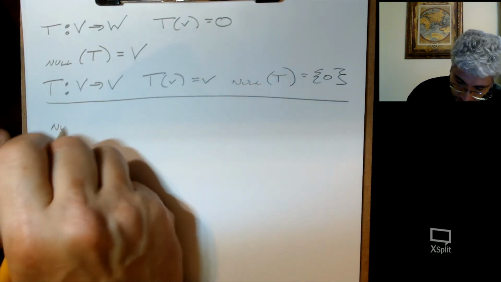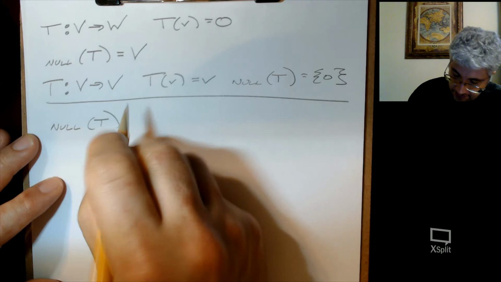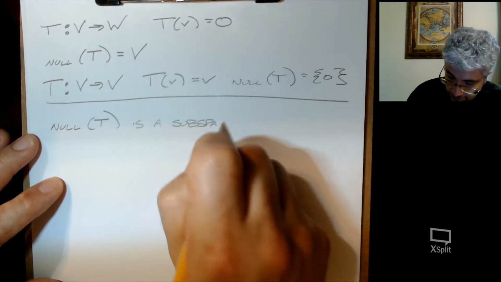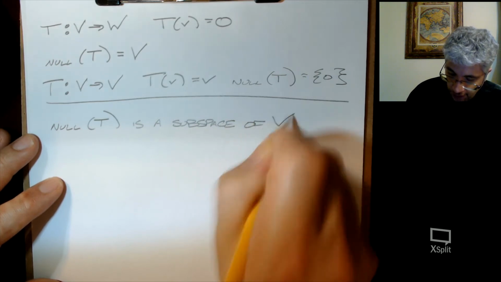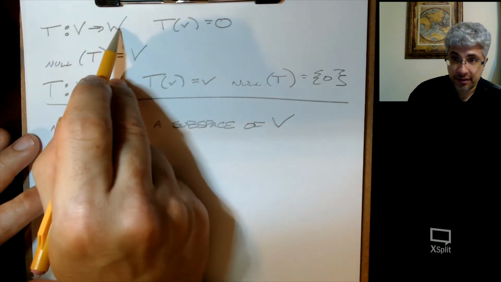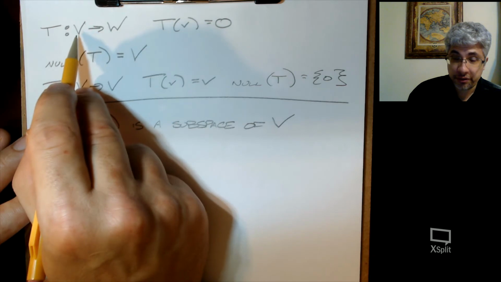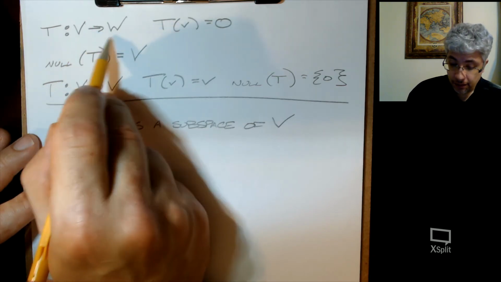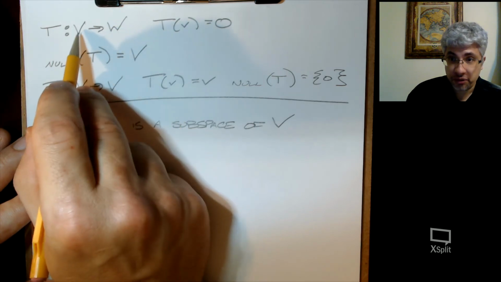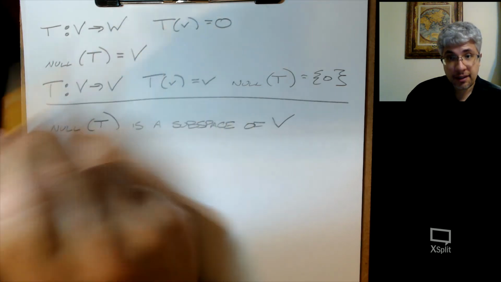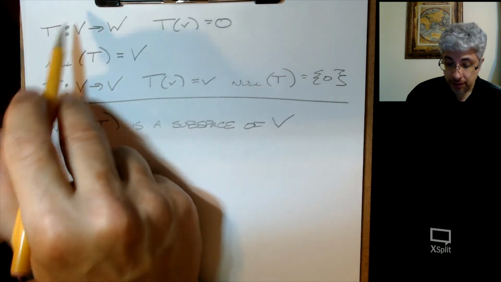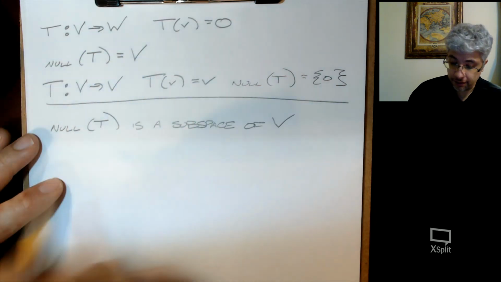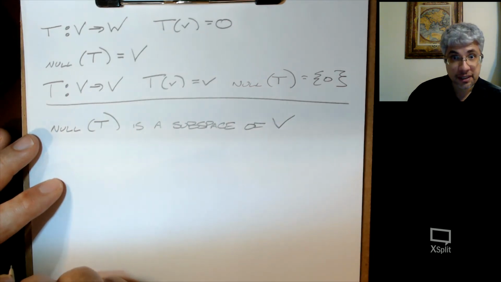So let's prove the null space of T is a subspace of V. Obviously it's a subspace of V and not a subspace of W, because we're looking at all the v's that can be put into T. We're not looking at the outputs. We're looking at all the v's that can be put into T that send themselves to 0. So the set of all v's so that T sends that little v to 0. That's what the null space of T is.